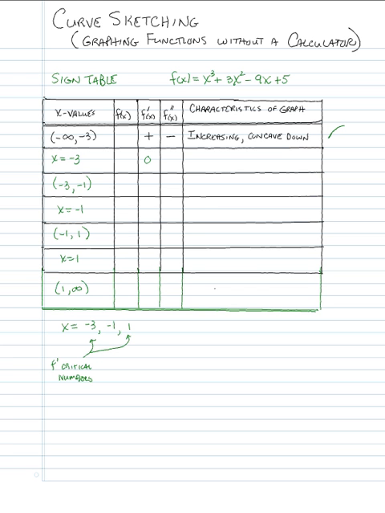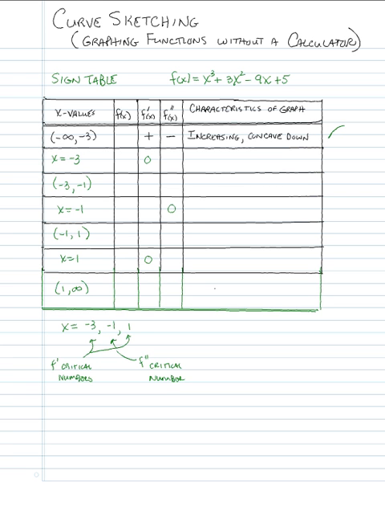So for those two critical numbers, I put a 0 in the column for the first derivative, because that's where the first derivative is 0. And then the other critical number, -1, came from finding the critical numbers of the second derivative. There's only one, and that was where the second derivative was equal to 0. So at x equal -1, the second derivative is 0, and so I fill in a 0 for that position in this table.